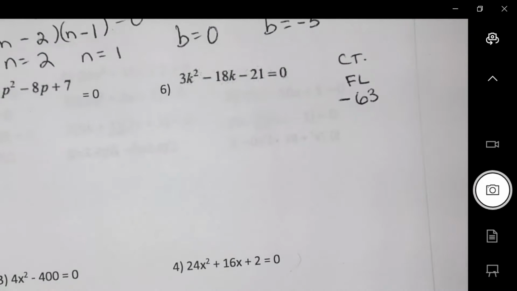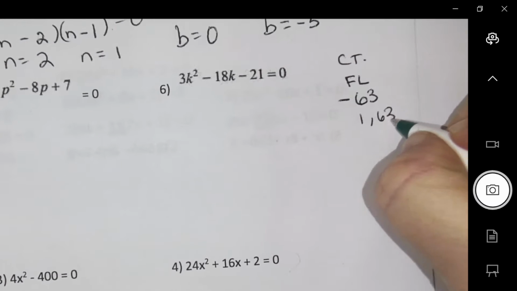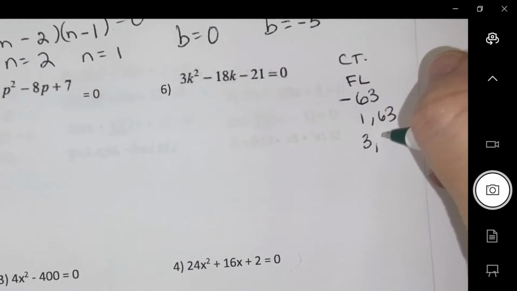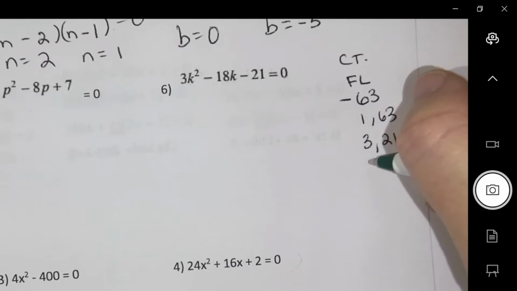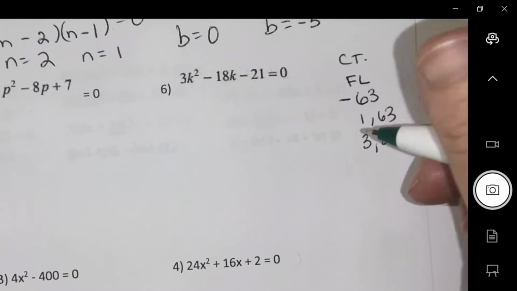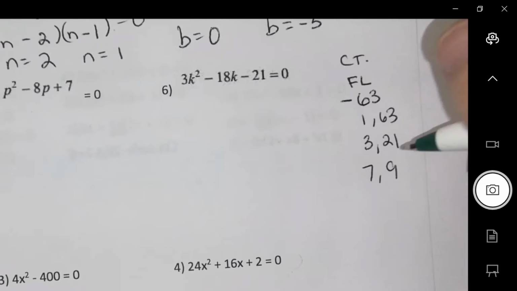Now I'm going to think about all the ways to make 63. 1 times 63. 3 times 21. And 7 times 9, and I think that's it. That's how I can make a negative 63.